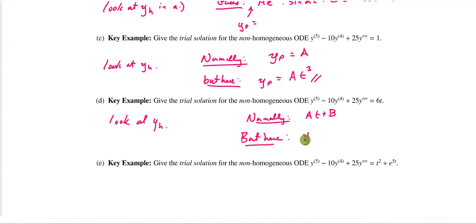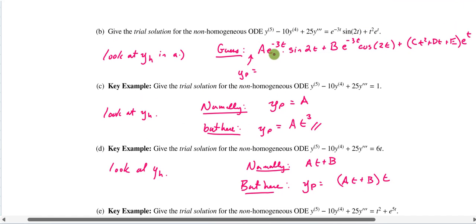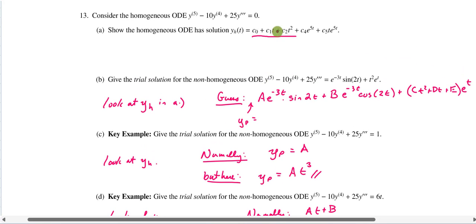We take what would normally be our guess, at plus b, and we multiply it by enough factors of t to clear the homogeneous solution. Notice that if I multiply by a factor of t, neither of those two terms clear the homogeneous family of solutions.